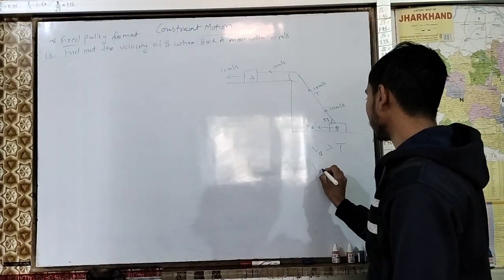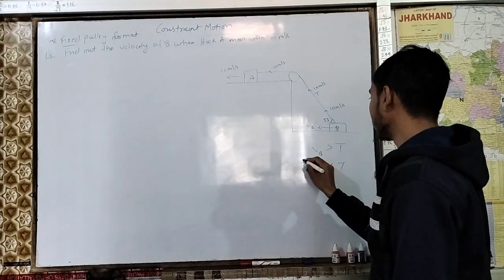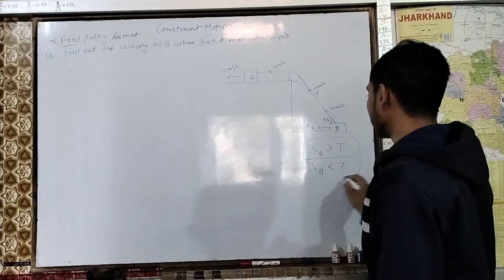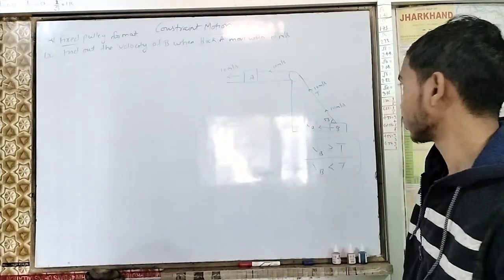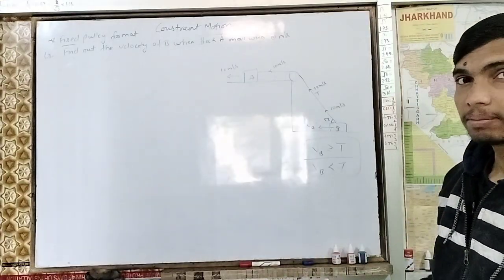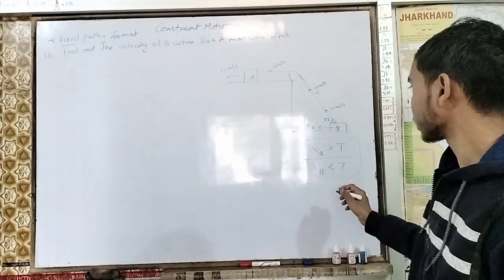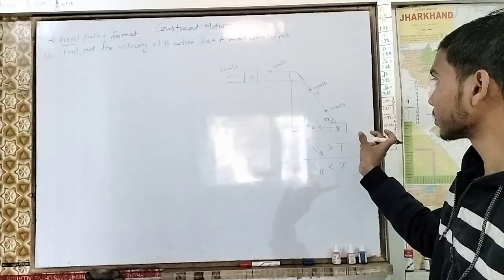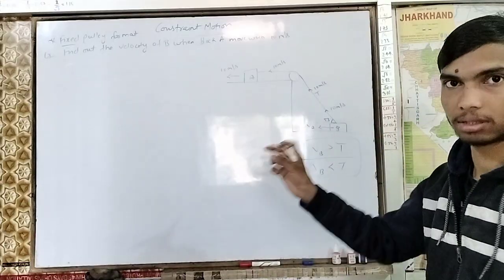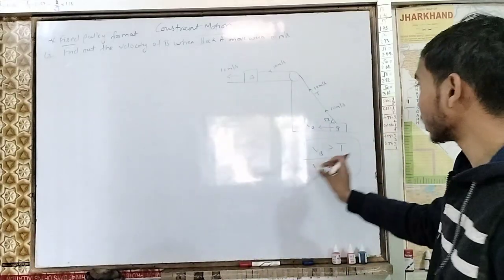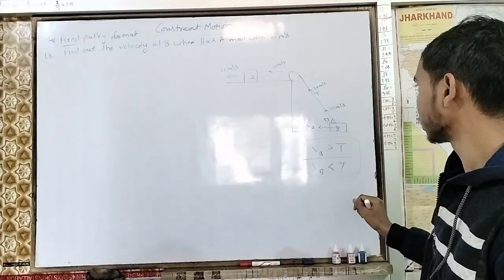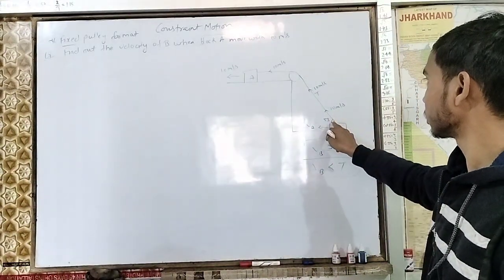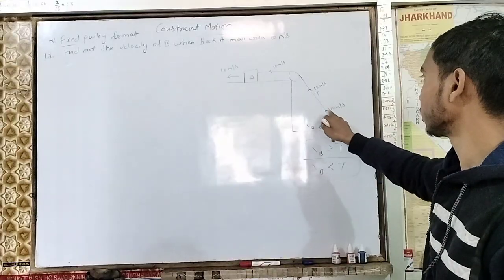And if the velocity of B is less than the string's velocity, then what will happen? Remember, if the velocity of B is more, then the string will slack. The string will slack if the velocity of B is more than this, more than 10 meter per second.